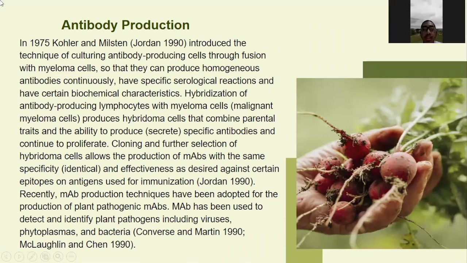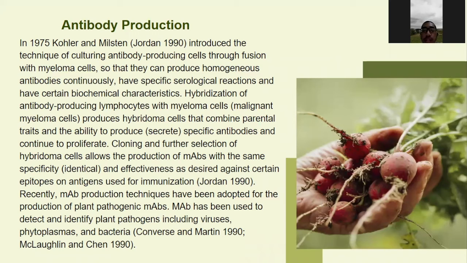In 1975, Kohler and Milstein introduced the technique of culturing antibody production cells through fusion with myeloma cells, so that they can produce homogeneous antibodies continuously, have specific serological reactions, and have certain biochemical characteristics.